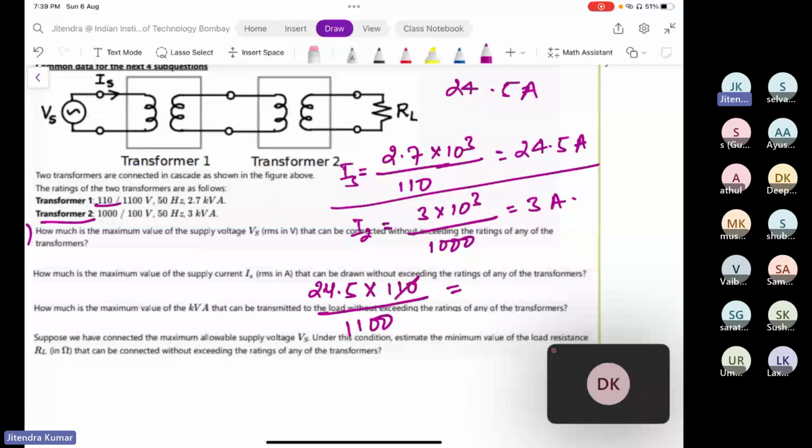Something like 2.45 ampere. Yes, sir, 2.45 ampere. It is within the limit.